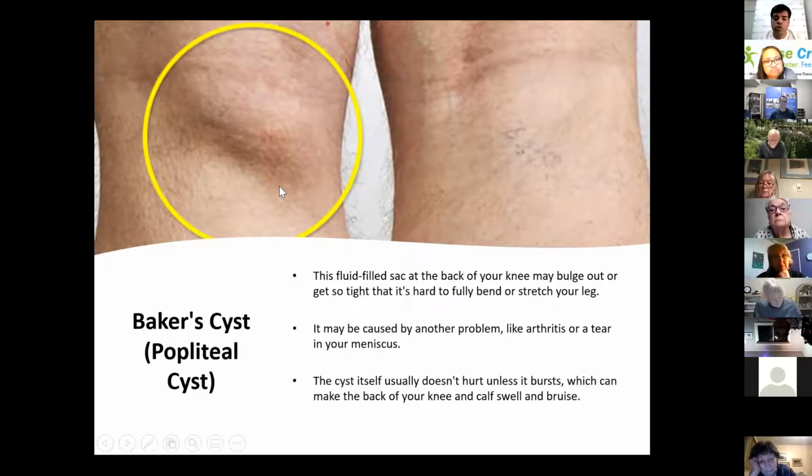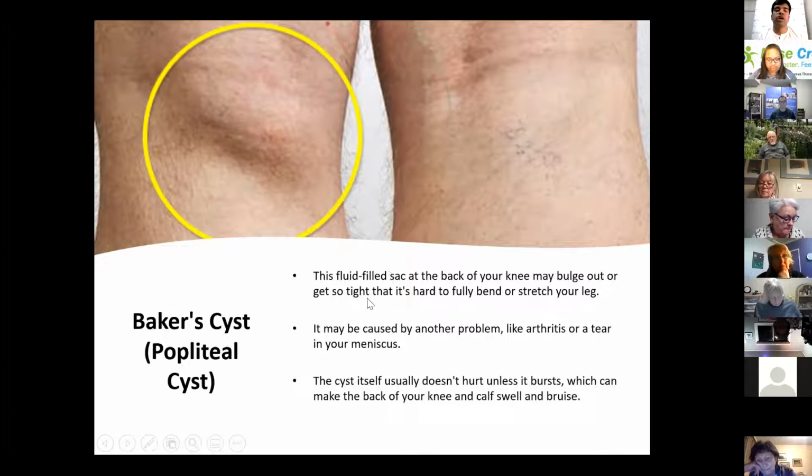Lots of people who have this Baker's cyst get lots of pain and swelling, and movements are very limited. Generally the cyst itself doesn't give much problem unless we disturb it, but we see lots of swelling on your knee and calf as well.